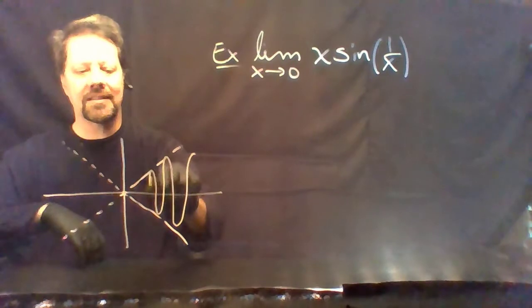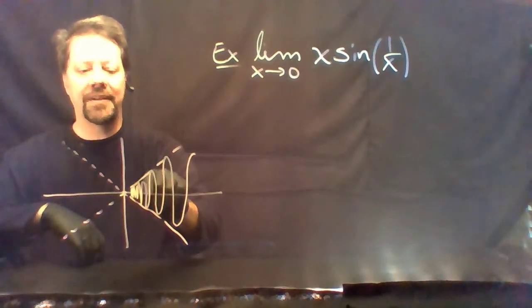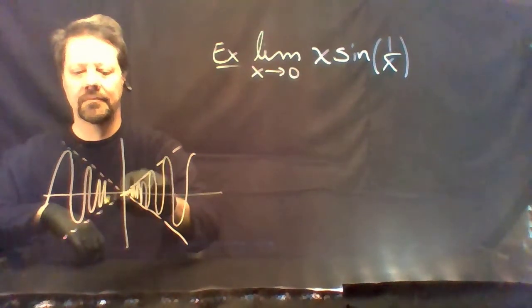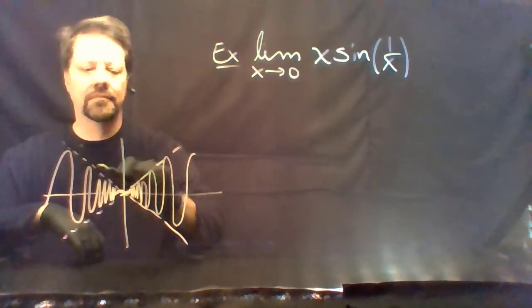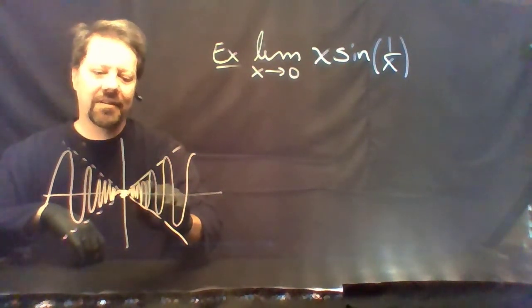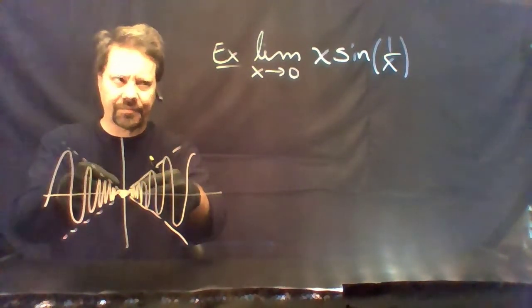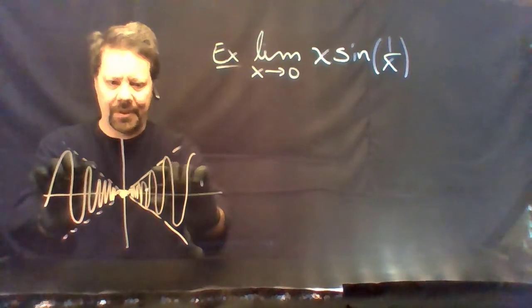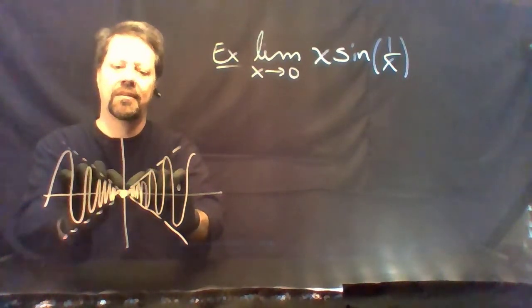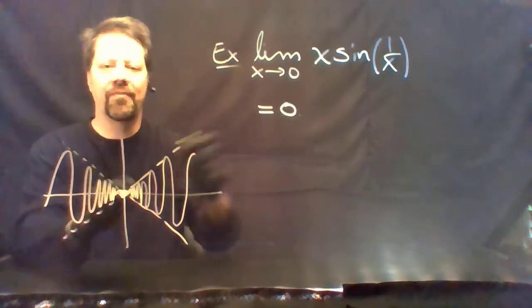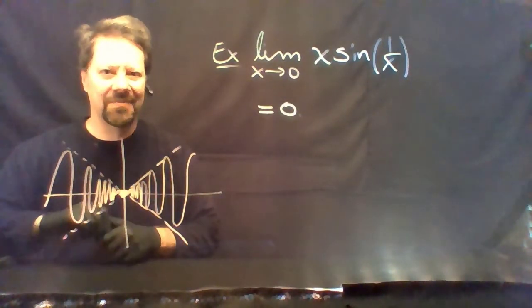The curve will oscillate between these two an infinite number of times. Does the function settle on any one y value as you get in close to 0? All of those amplitudes are squished down. The function must tend to a limit of 0 as x goes to 0.